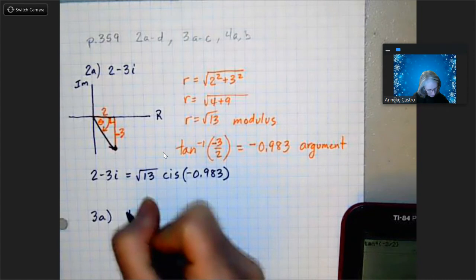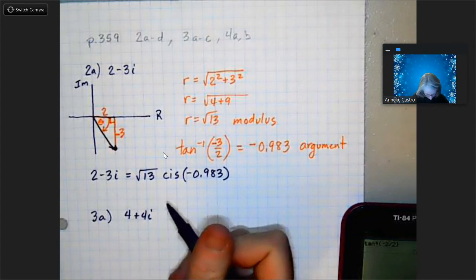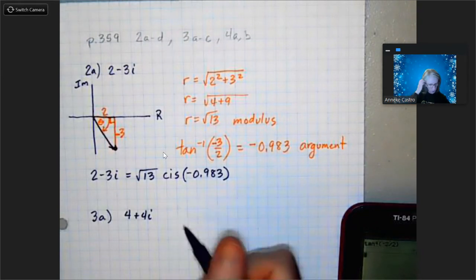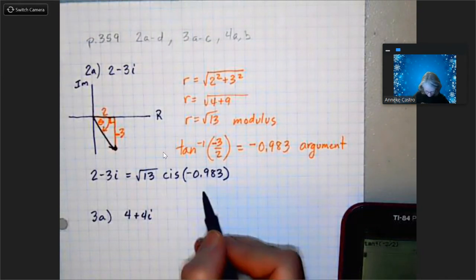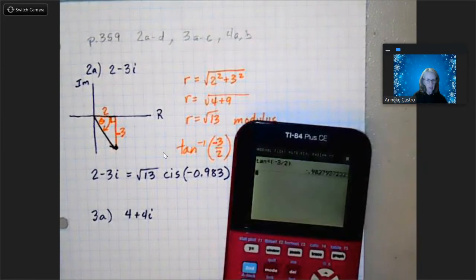So we're given 4 plus 4i, and they want us to write it in polar form, or this form right here. And it wants it to be in exact values. So no fair using the calculator for the tangent like we did on part 2.